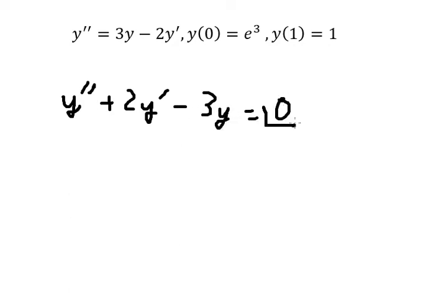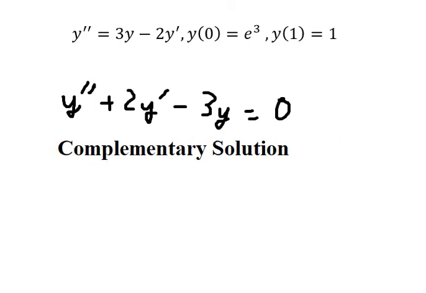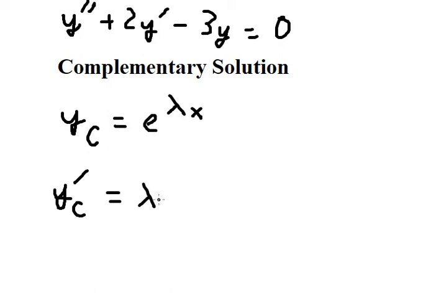Because this is equal to 0, we only need to find the complementary solution. So I will set yc equals e to the power of lambda s. Then we take the first derivative of yc, and we have lambda e to the power of lambda s.